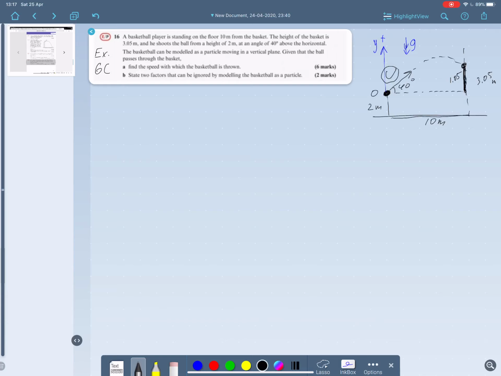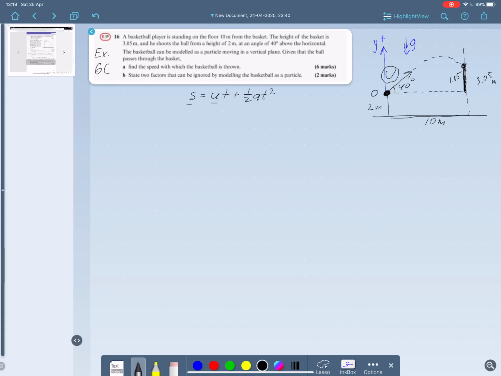And because it's the displacement that we're given, clearly we're going to use this equation, s equals ut plus half at squared. It will be helpful, definitely, because it's all about displacement, initial velocity that we don't know, time and acceleration.